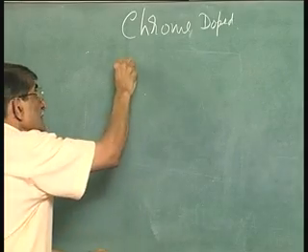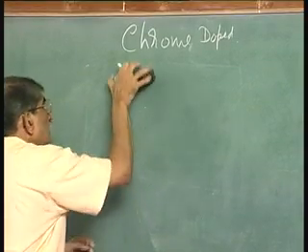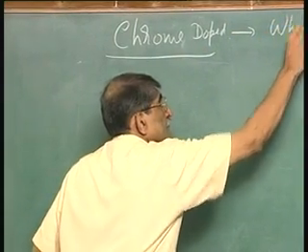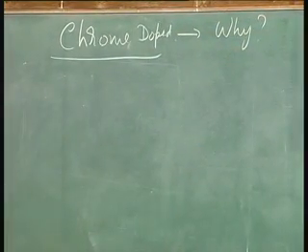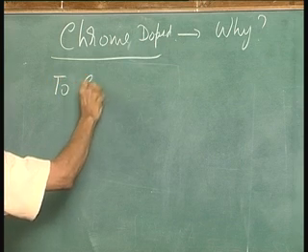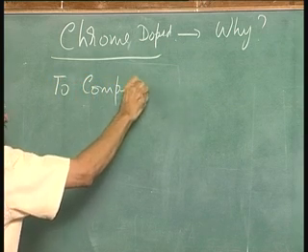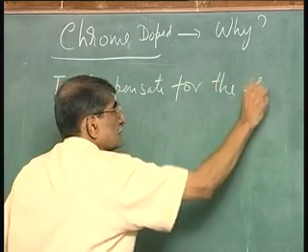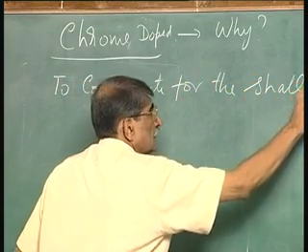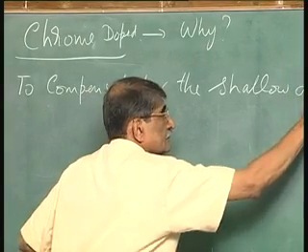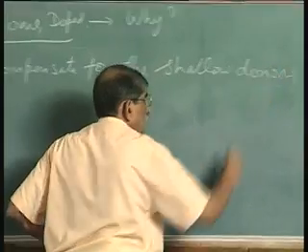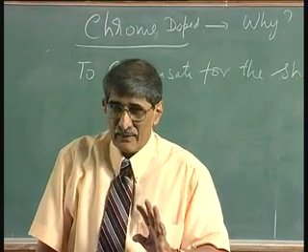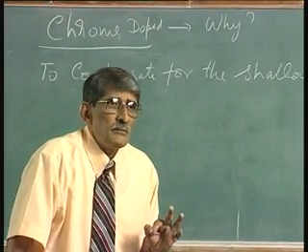This introduces a level to compensate for the shallow donor. Obviously, chromium introduces an acceptor level. Now, why should we put chromium?